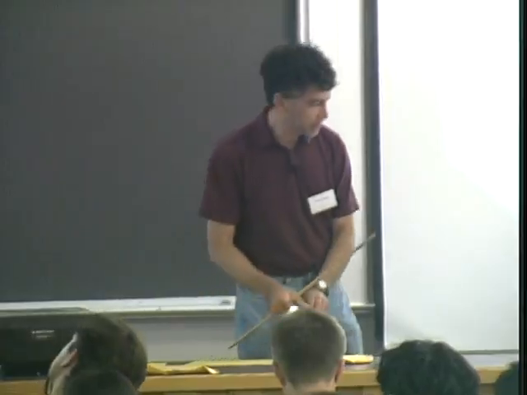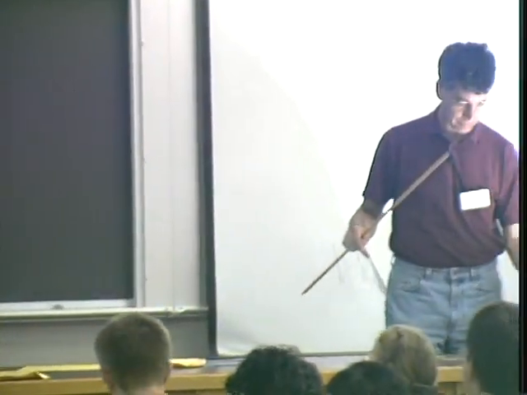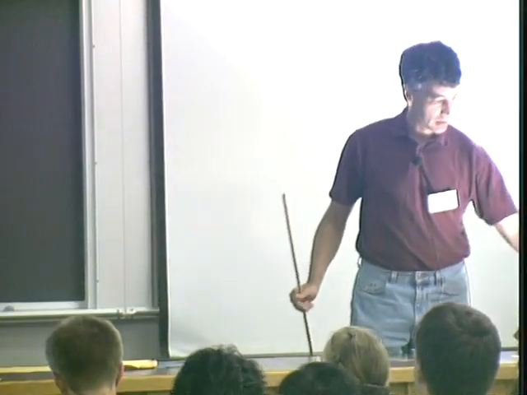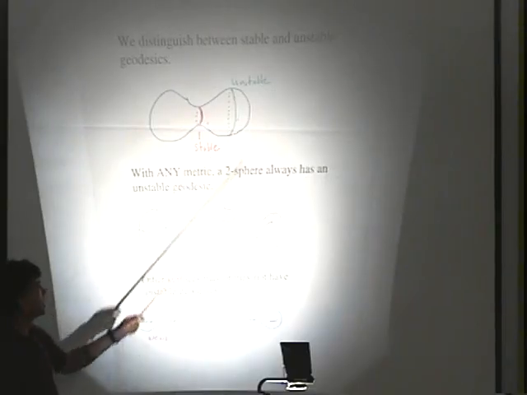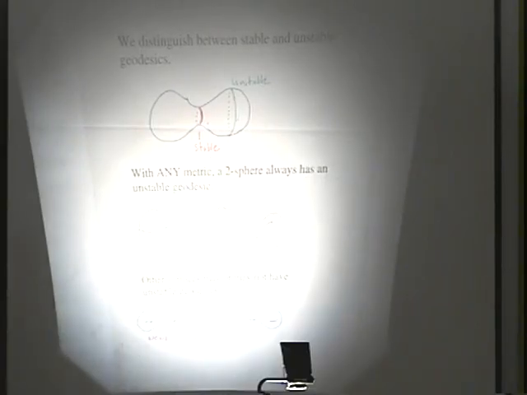And we're actually going to distinguish between two types of geodesics, stable and unstable. We talked about this a little bit yesterday. Stable geodesics are not only locally but globally shortest. Unstable geodesics are locally shortest, but there's a way of pushing them off themselves so that their length decreases on a big scale.